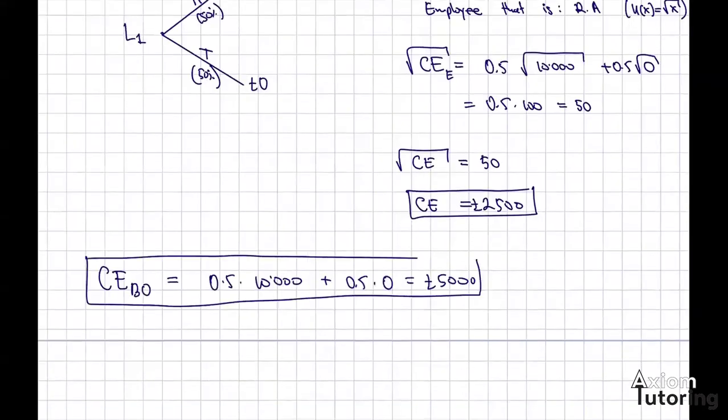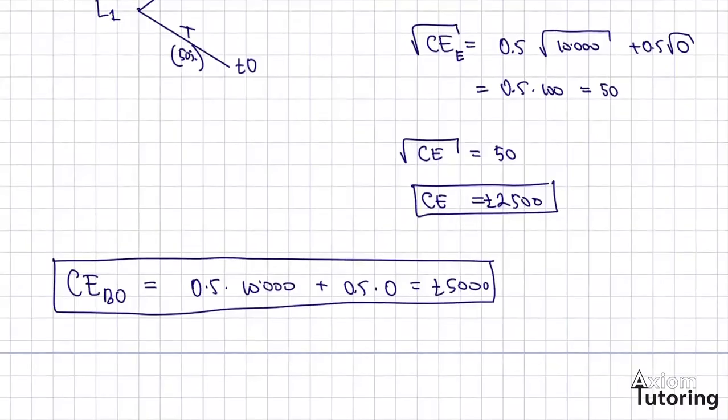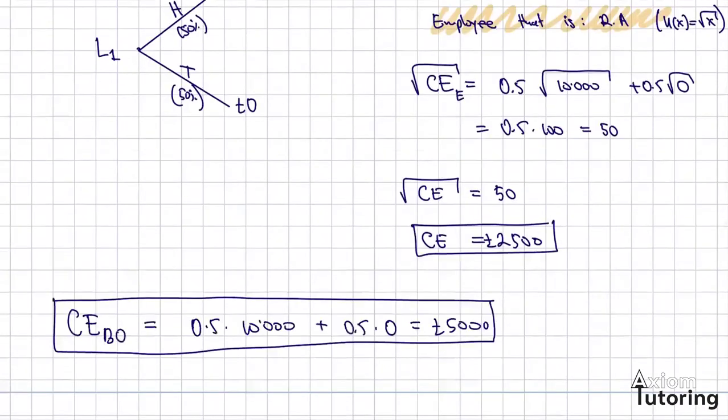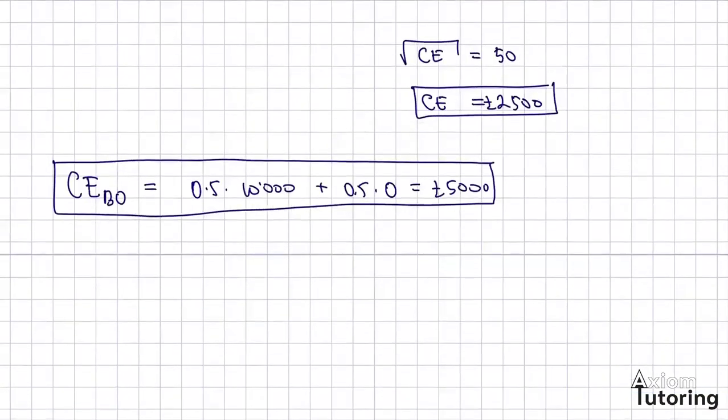With very few videos, we've gone to a position where we have an application. The business owner who's risk neutral can transact with an employee who's risk averse and come to a Pareto improvement, a more efficient outcome, where the business owner could, for example, pay the employee monthly wages of 3,000 pounds.